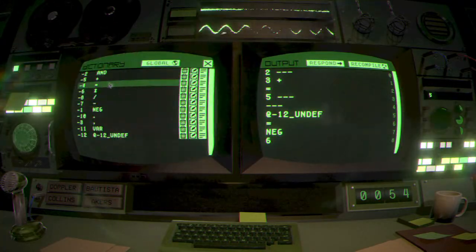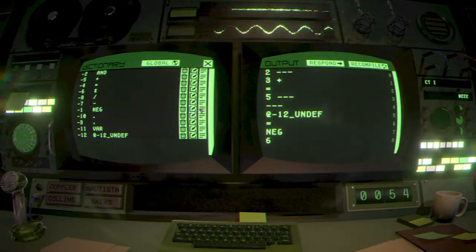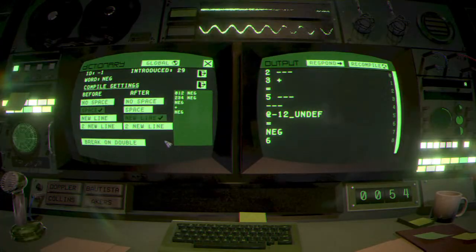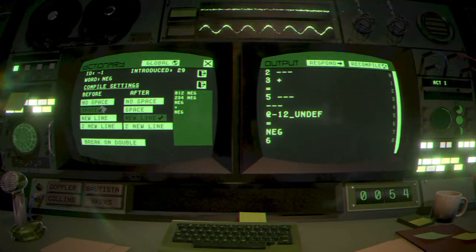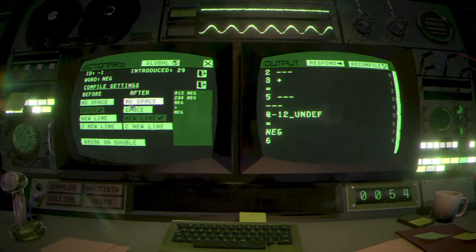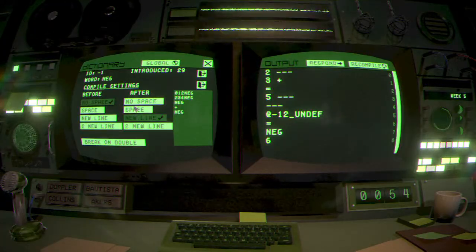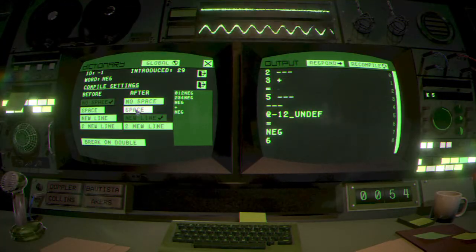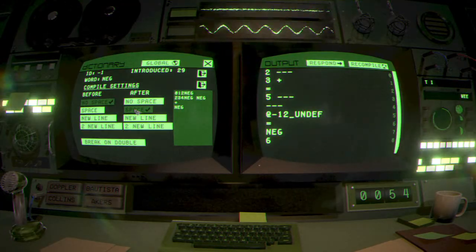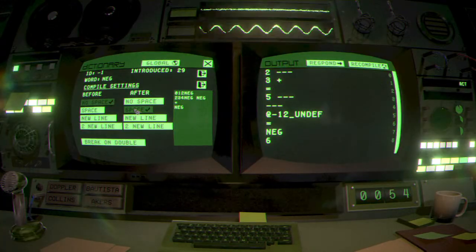Okay, then this one, this negative formatting. Should be before, no space, after, space. Maybe?